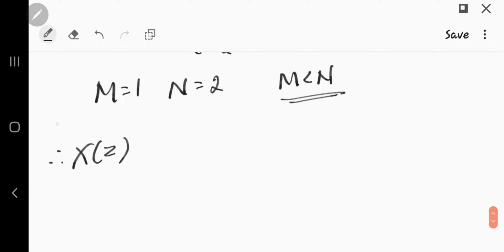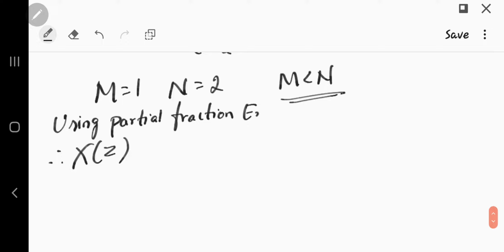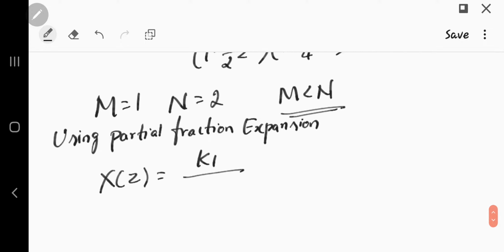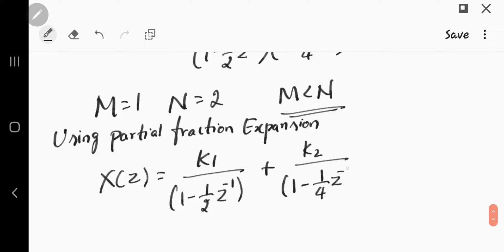Therefore, X of z using partial fraction expansion, we can write as K1 divided by 1 minus 1 by 2 z inverse plus K2 divided by 1 minus 1 by 4 z inverse.